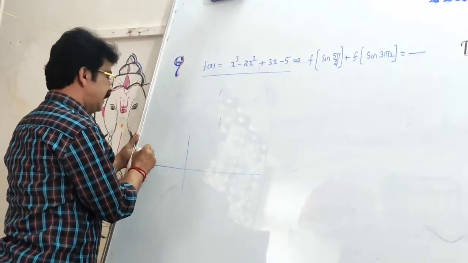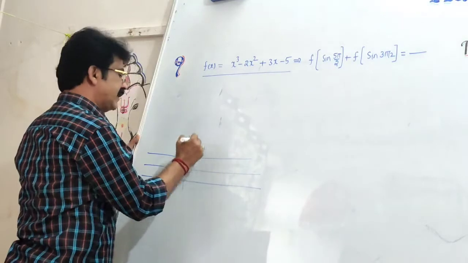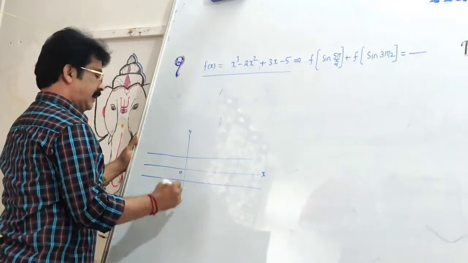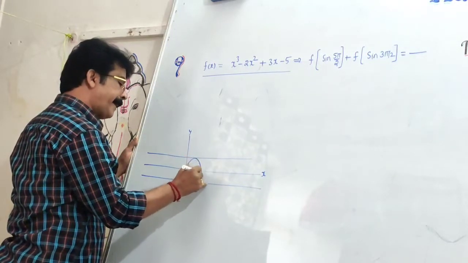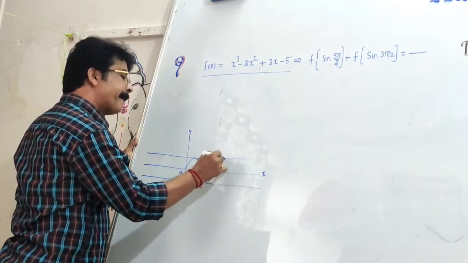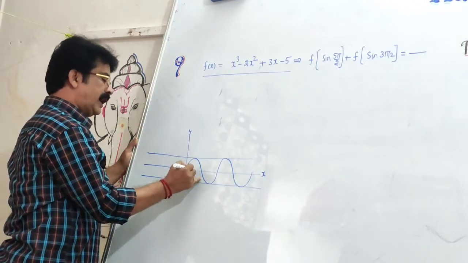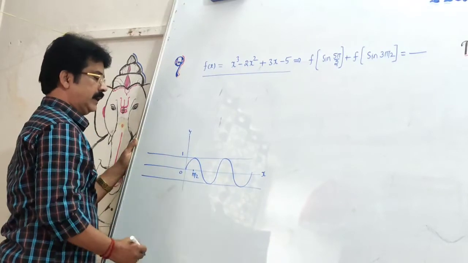actually this is the sine graph. It is a rough sine graph. Y-axis, x-axis. So at x equal to pi by 2, the maximum value is equal to 1.